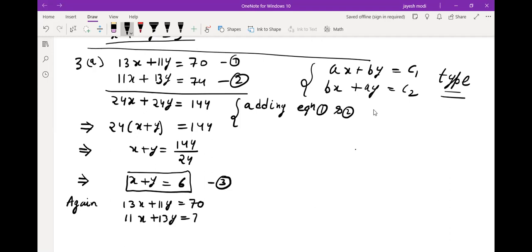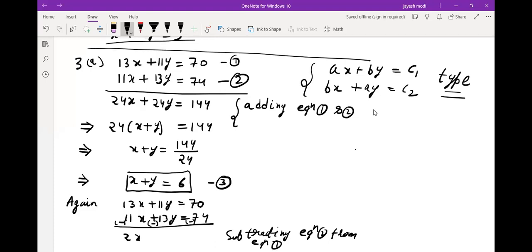So we write, subtracting equation 2 from equation 1. 13 minus 11, 2x; 11y minus 13y, minus 2y; equals 70 minus 74, minus 4.